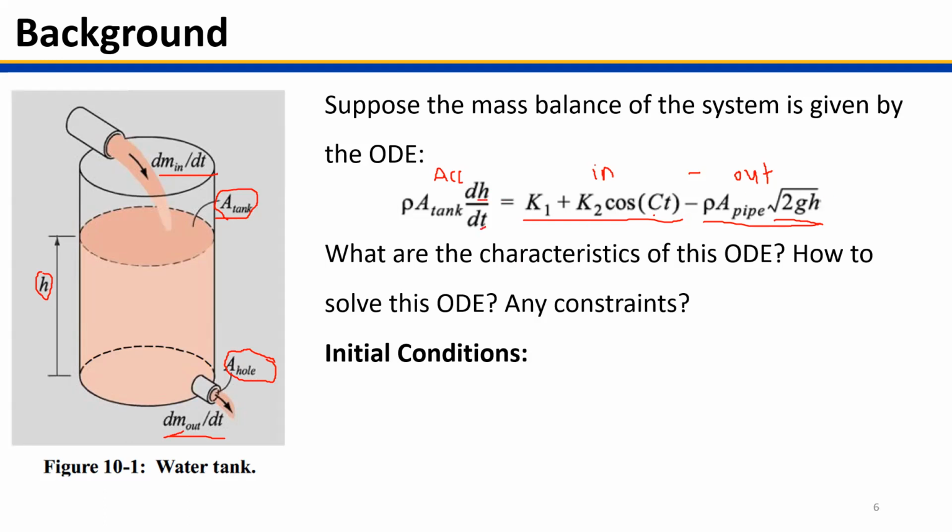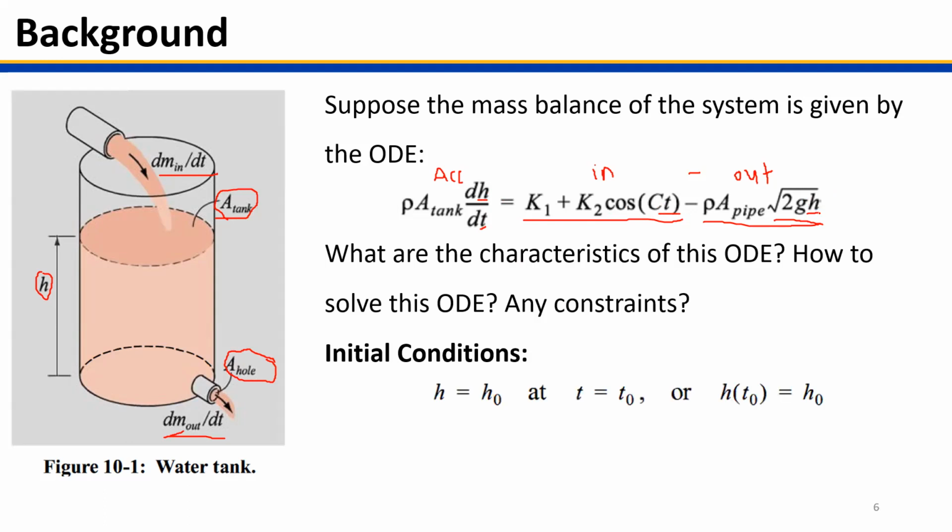So we have height, we have time in here, and then we have height in here. Okay, what are the constraints we need? Is this boundary value or initial value? Initial value, so we need some initial conditions, which would be what? Good, t naught corresponding to h naught.